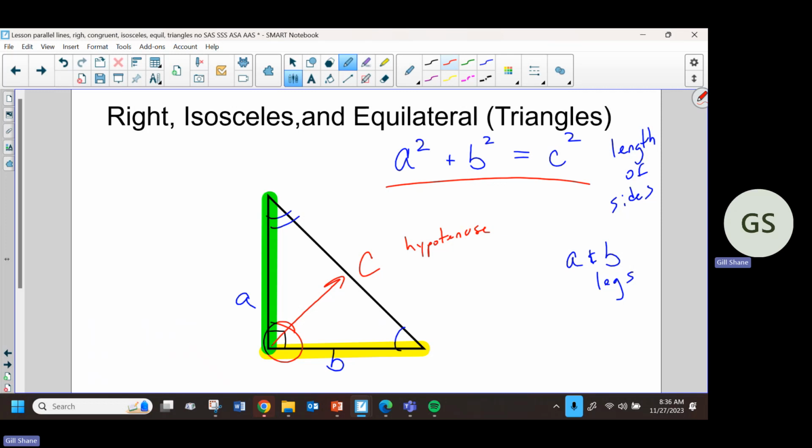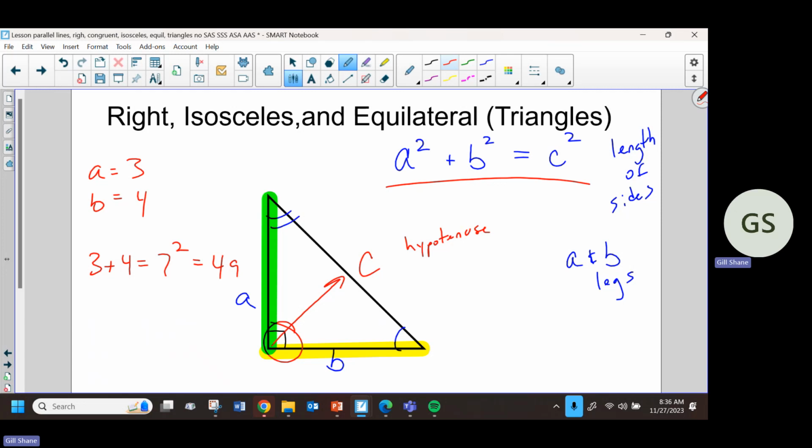This is a mistake kids make a lot. I didn't talk about this last class, but luckily I'm recording this one. Do not add A and B together first and then square them. You will not get the same answer. If A equals 3 and B equals 4, I don't say 3 plus 4 is 7, and then 7 squared is 49.